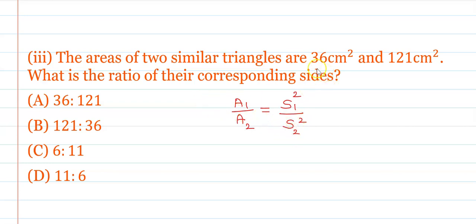Here the area of the first triangle is 36, and the area of the second triangle is 121, and that is equal to S1 squared upon S2 squared. Taking the square root on both sides, you will get S1 upon S2 equals square root of 36 upon 121, which is 6 upon 11. Therefore, the ratio of their corresponding sides is 6 is to 11.